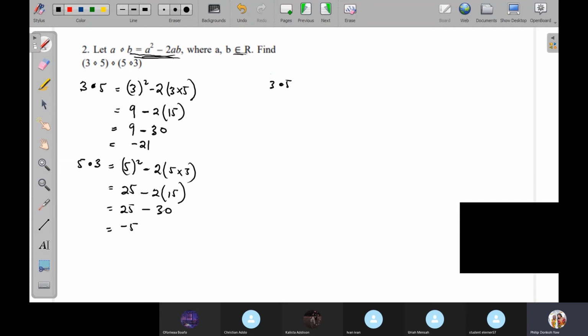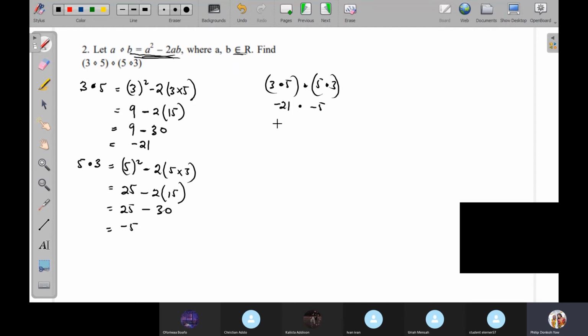So now, coming to our final part of the statement, which is 3.5 or .5.3, we know that 3.5 gave us an answer of negative 21, and 5.3 gave us an answer of negative 5. So we are now going to operate on these two using the same rule.